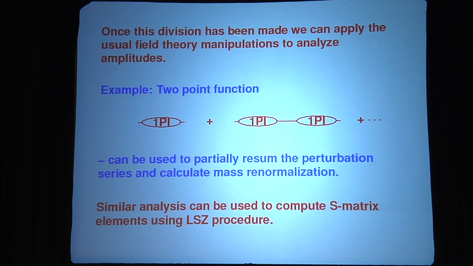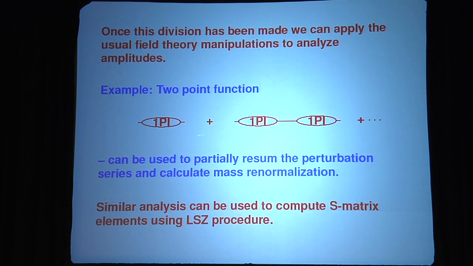So, once the division is made, we can apply the usual field theory manipulations to analyze amplitudes. For example, the 2-point function at genus 1, everything can be declared as 1PI. Then at genus 2, you can get a set of genus 2 Riemann surfaces by gluing the genus 1 Riemann surfaces by plumbing fixture. Those we will declare as one particle reducible, as in here.